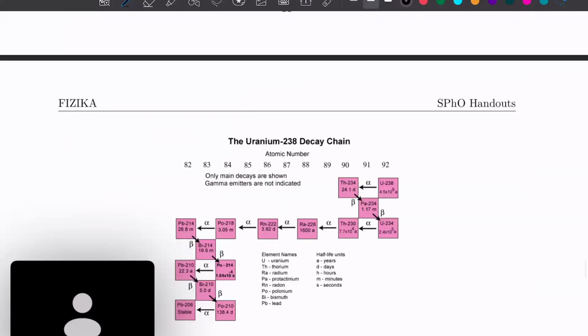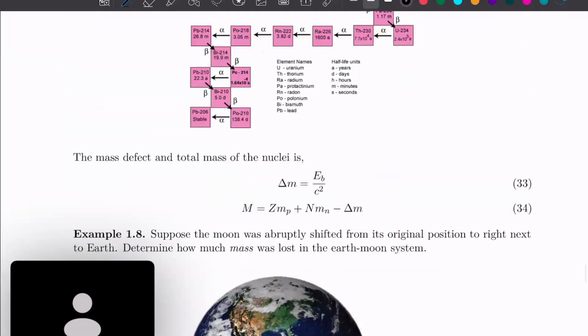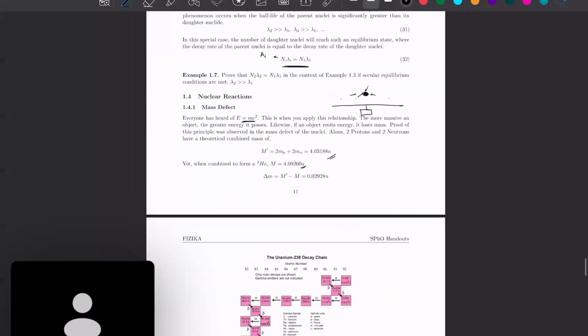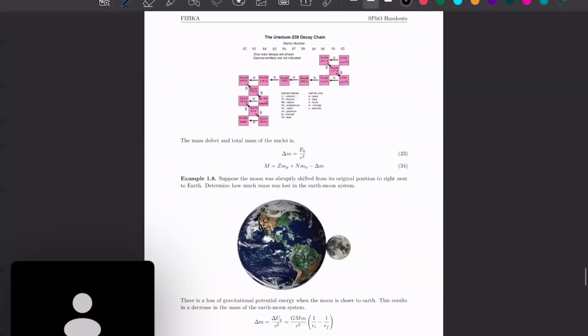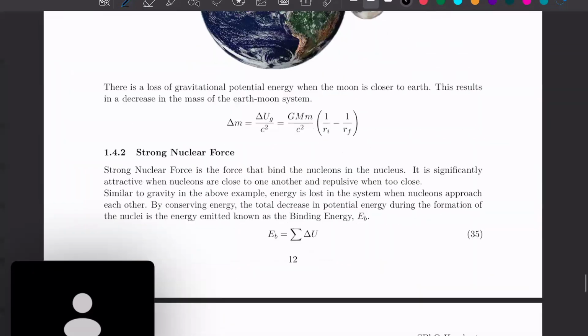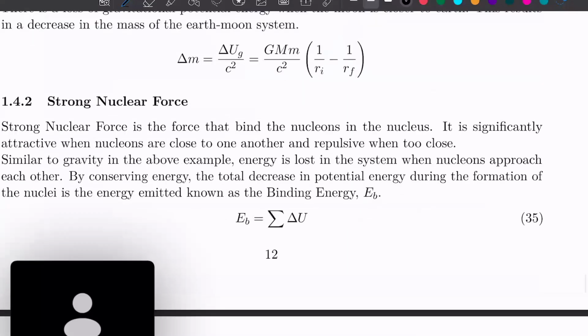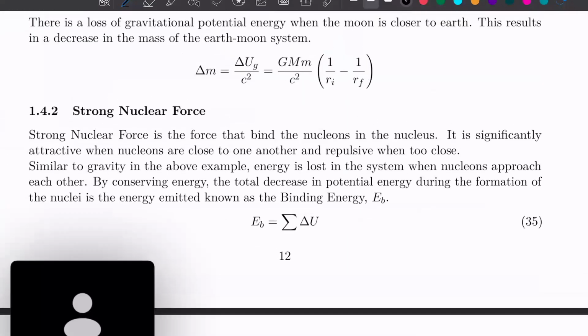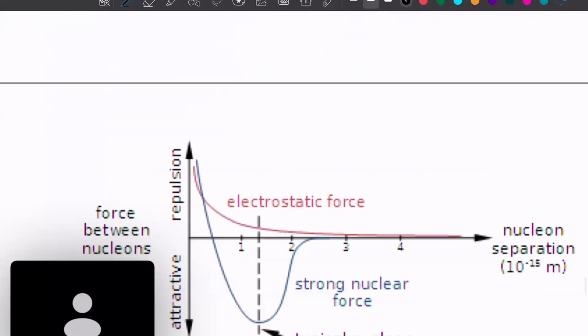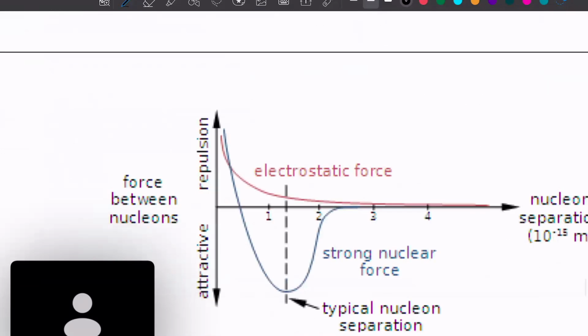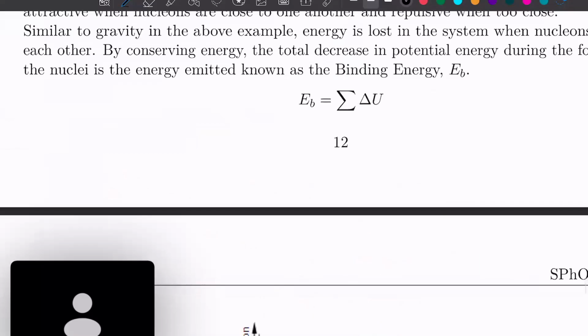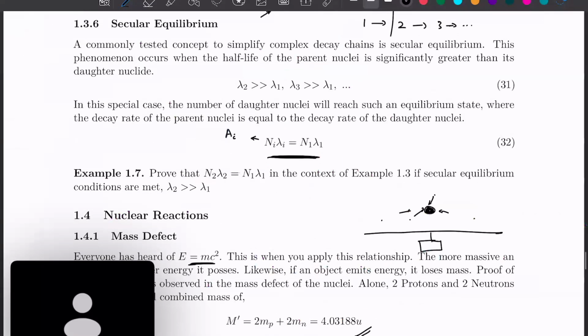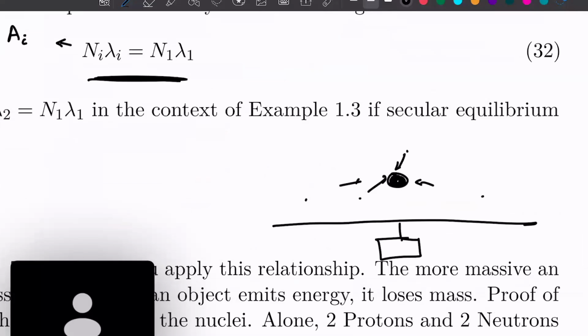But that is true. It's true that there is some repulsion between the protons, but then there is another force called the strong nuclear force, which only acts at a very short range. And this is attractive in the short range. So because of this force, there is a net energy release.